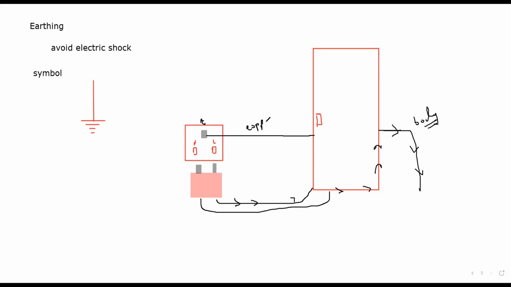Copper is a good conductor compared to the human body. So almost all of the current will pass through the copper wire which is connected to the earth, compared to the human body. So to avoid an electric shock, we use this earthing wire. Is it clear?